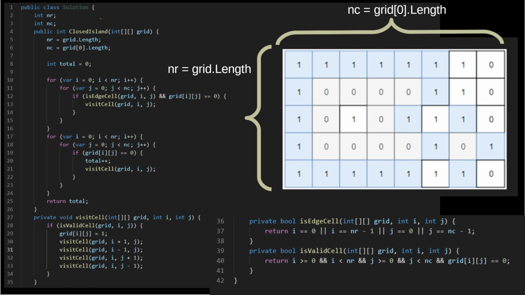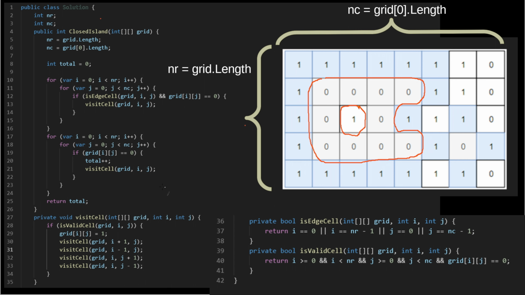After the edge cells are processed, I would iterate the grid again with a second double for loop. This time, I will look for tiles of land that are not attached to the edge cells. Remember, in the first set of iterations, all the land tiles associated with the edge cells were already converted to water. What remains now are, by definition, pieces of land that are part of the inner islands in the grid.